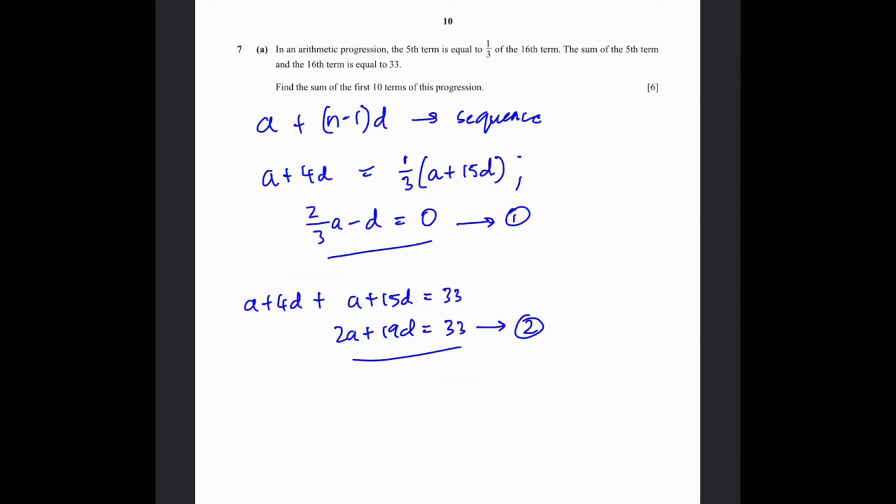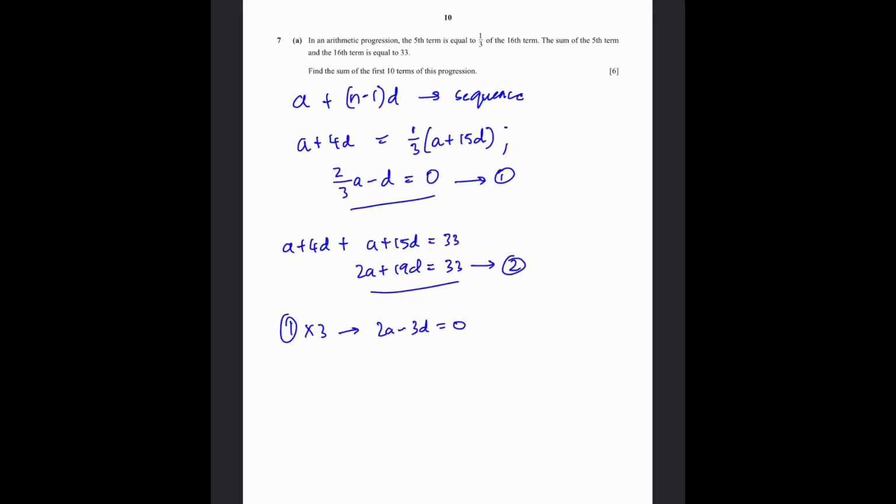Let's just multiply the first one by 3. I'll tell you why. So equation 1 times 3, so 2a minus 3d, once again is 0. We just multiply by 3 on both sides. This 3 times 0 is still 0, and multiplying by 3 here will give this. Now we have a 2a here and in the second equation.